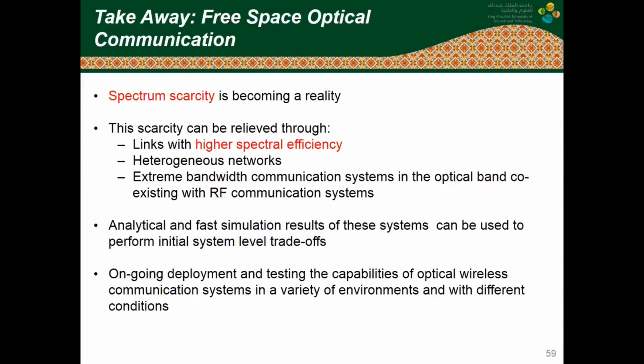And when we talk about the optical part of the spectrum, we talk about free space optics. There is quite a bit of interesting work that started many years ago on the channel modeling aspect and on the performance analysis aspect. And of course, there is a lot of work that is being done and still needs to be done on test beds and on deployment.